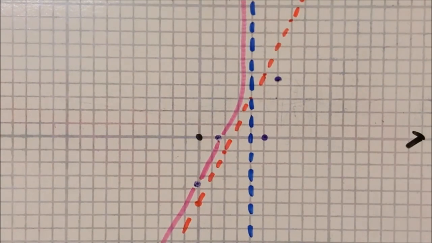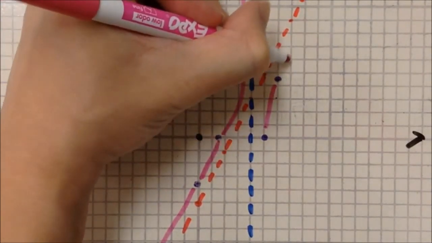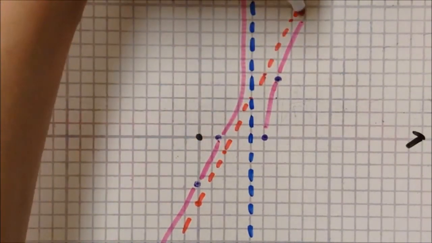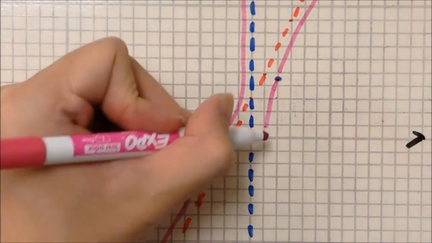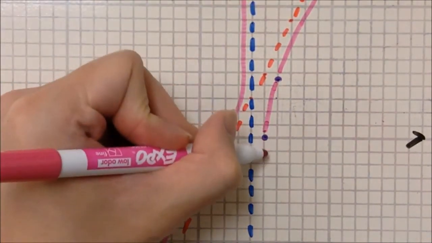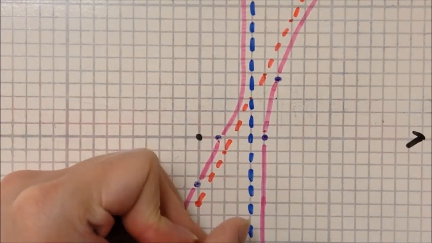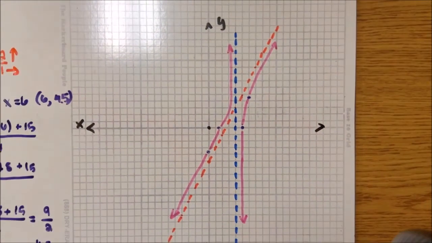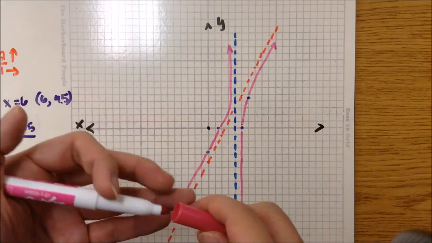Now the other one, I'm going to graph these 2 points together. So the upper right side is going to graph along the slant asymptote, and then the bottom left side of the graph will graph along the vertical asymptote. So here's our graph with a vertical asymptote and a slant asymptote.